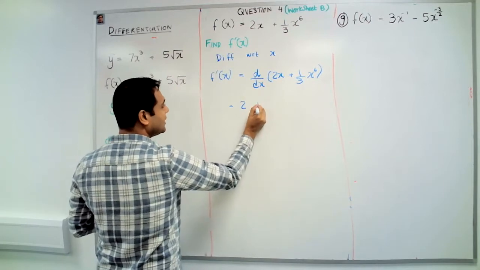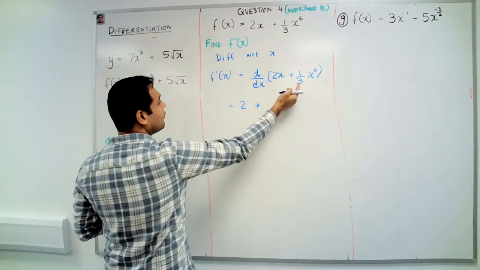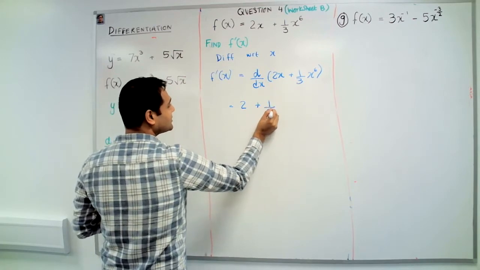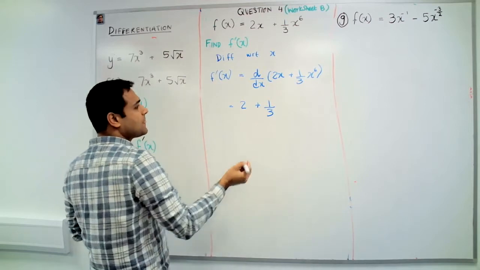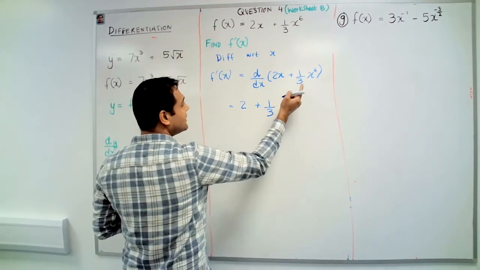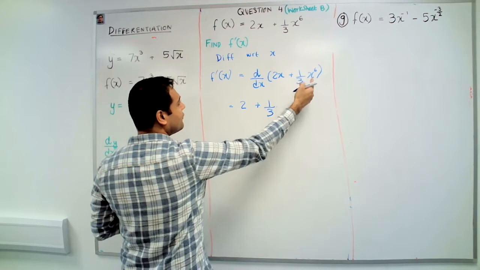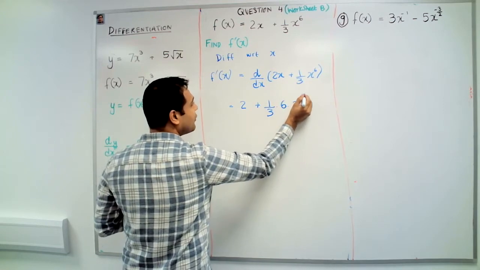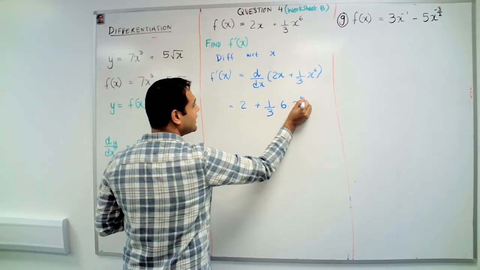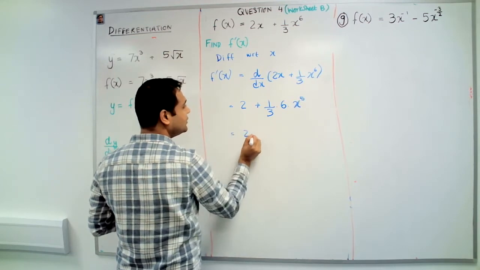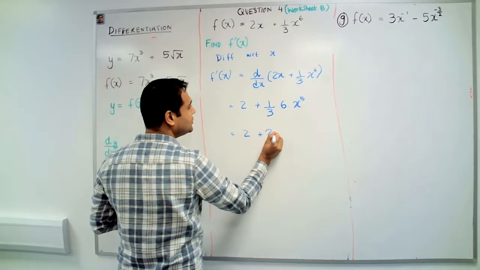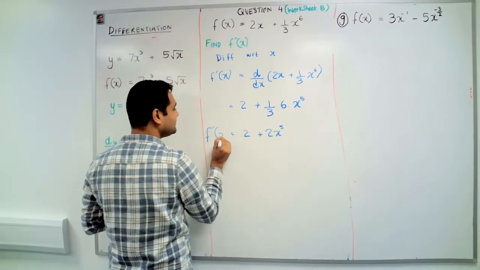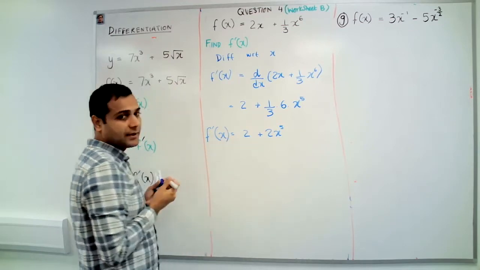I'm skipping the step now. D over dx of 1 over 3 x to the 6: 1 over 3 comes out, then the power of 6 comes down, and then reduce the power by 1, so that is actually a 5. So you get 2 plus 2x to the 5. This is the answer to that.